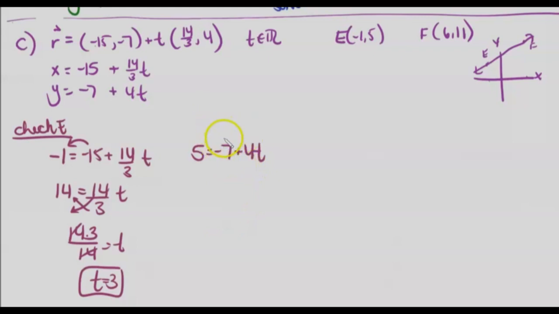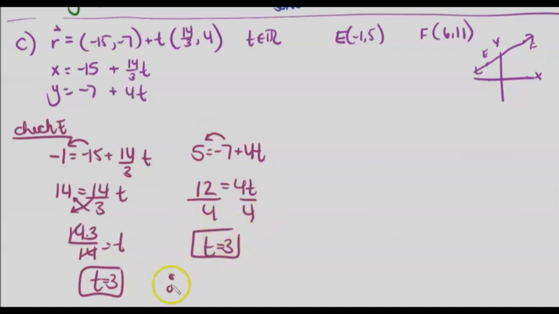Now let's check the next one. Bring the negative 7 over, it becomes positive 7. 5 plus 7 is 12, equals 4t. Divide both sides by 4, we again get t equals 3. So this line R contains the point E. That's at the minimum.